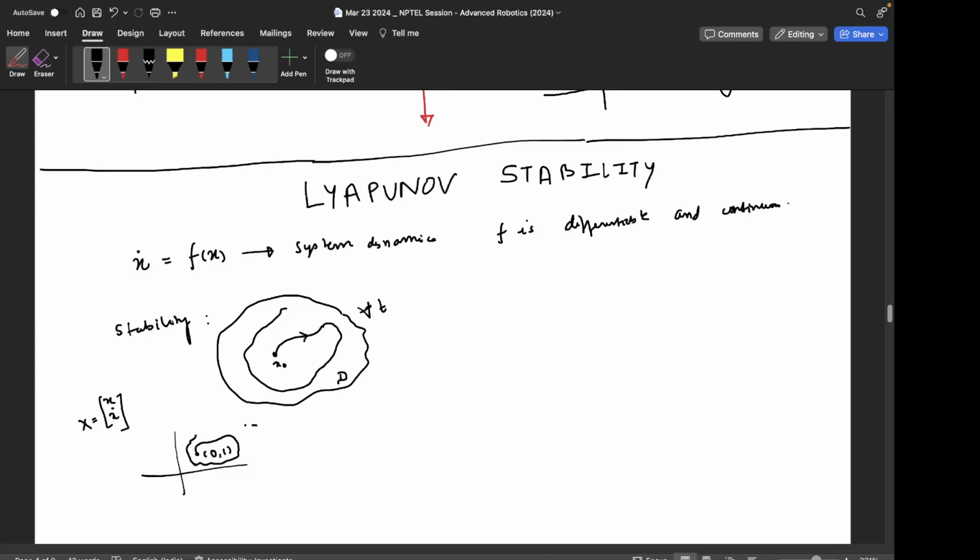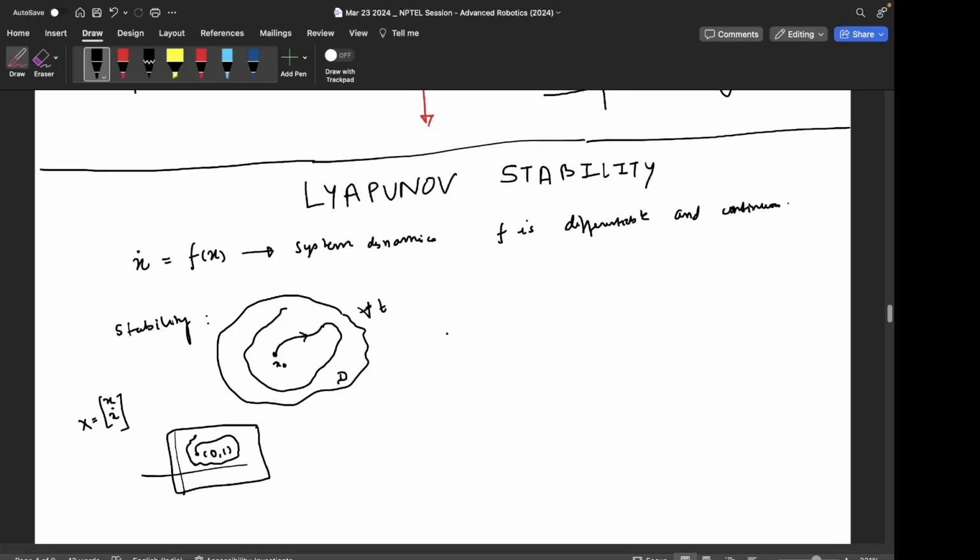What I am saying is that if that trajectory remains in a certain bounded area around the initial point for all time t, I mean, once you perturb it, and then for all the time after that the trajectory remains in a certain region around the initial point, then we say that the system is stable. And stability is concerned with the equilibrium points, right?